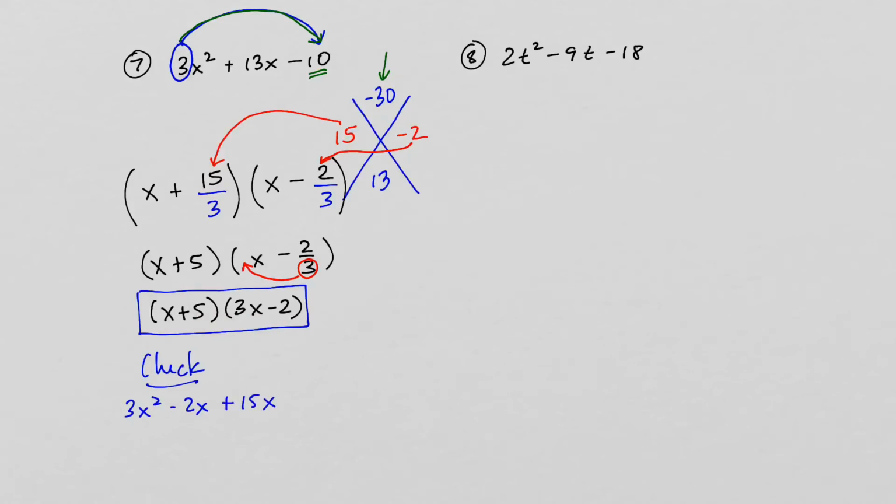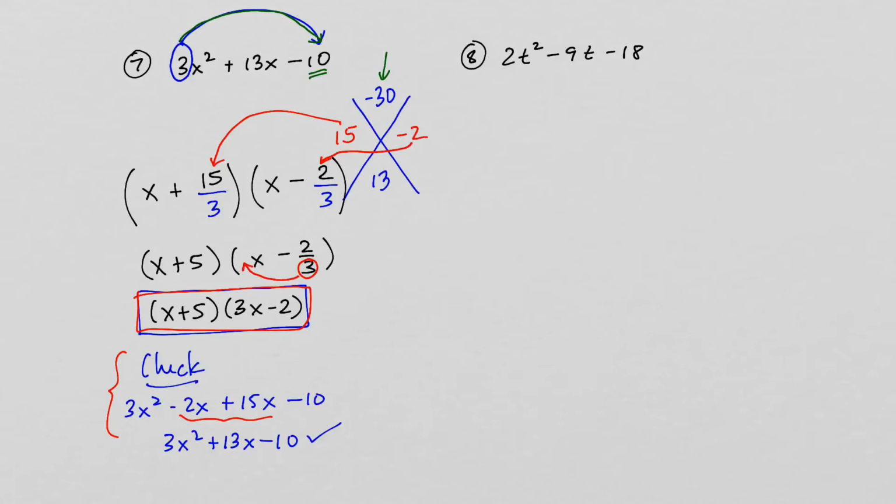And 5 times negative 2 is negative 10. And if we add these two terms together, notice that we get 3x squared plus 13x minus 10, which is the problem that we started with up here. So just to make sure you're clear, this is the answer. This is checking the work.